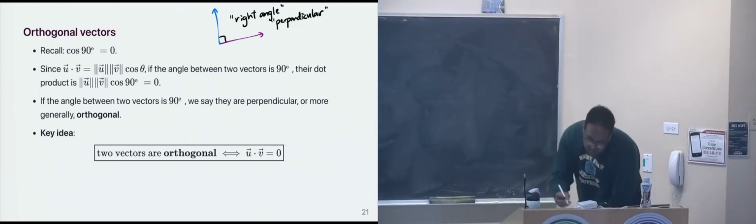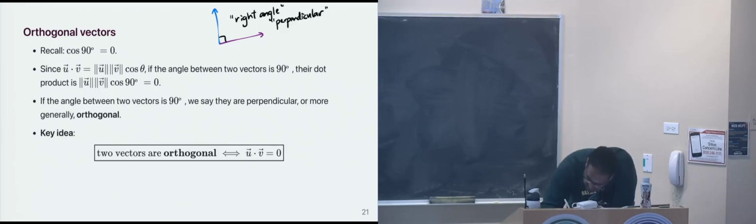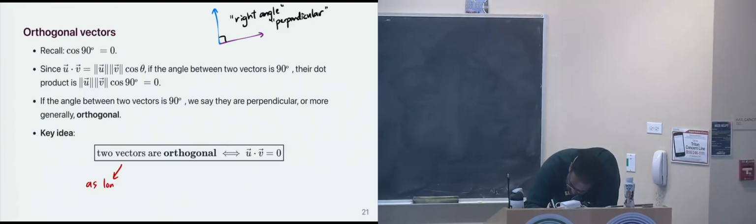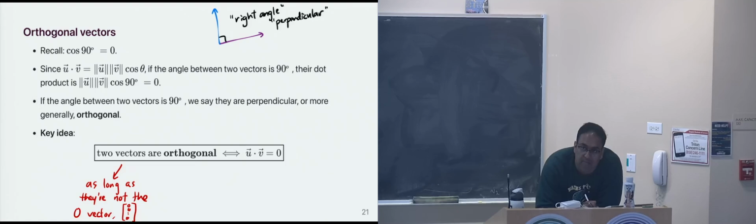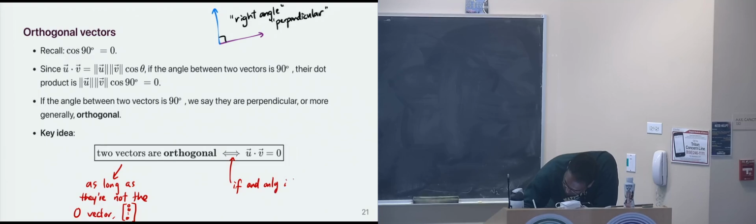Because the 0 vector's dot product with anything is 0. And this if and only if means it's a bidirectional statement.